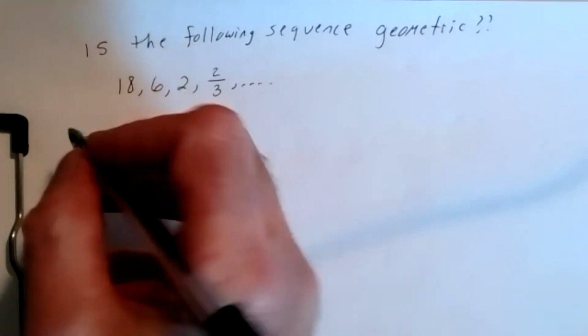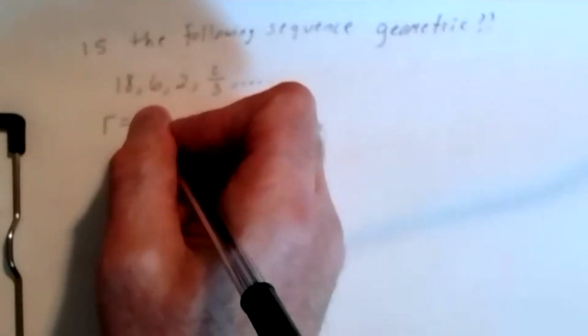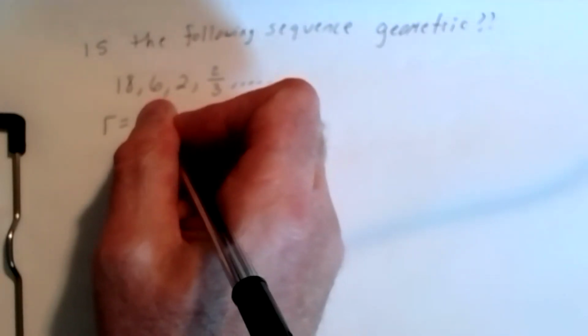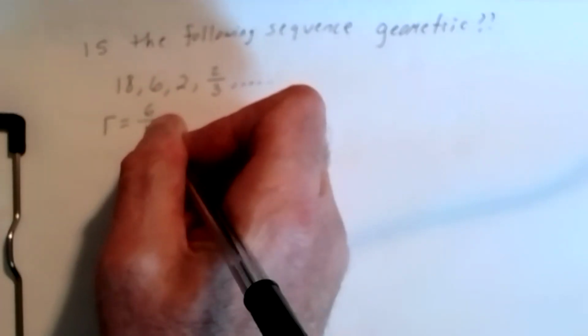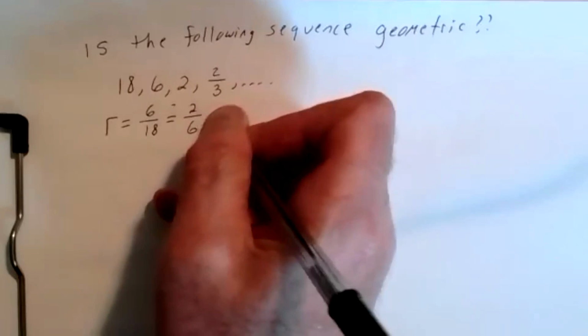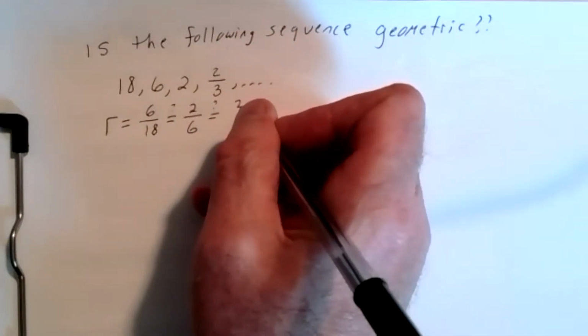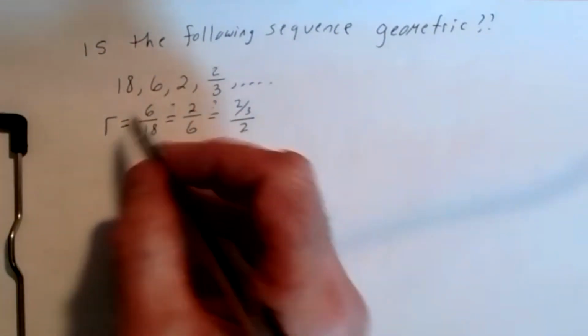If we look at this sequence here, which appears to be an infinite sequence, is it geometric? Well, if it's geometric, then we must have a common ratio. So does our common ratio exist? Is it to say that 6 divided by 18 should equal 2 divided by 6, which should also equal 2/3 divided by 2? Is that true? What's 6/18?